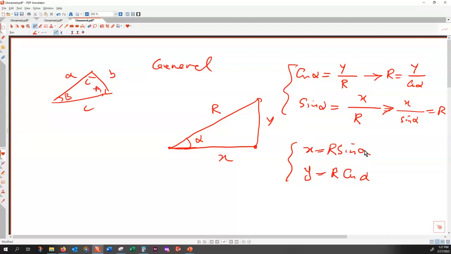If your inputs are alpha and r, sine is always smaller than or equal to 1, right?